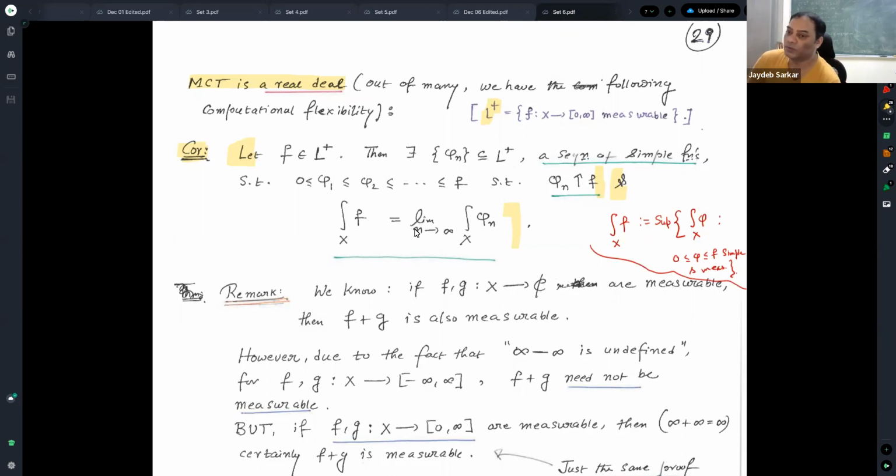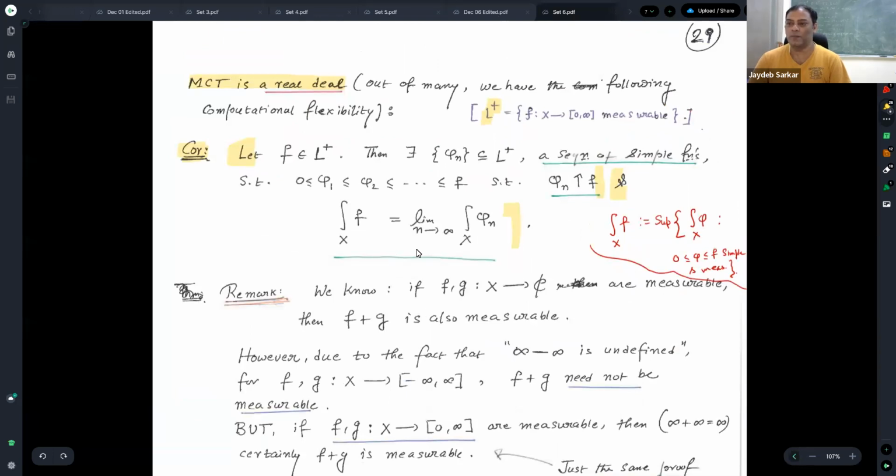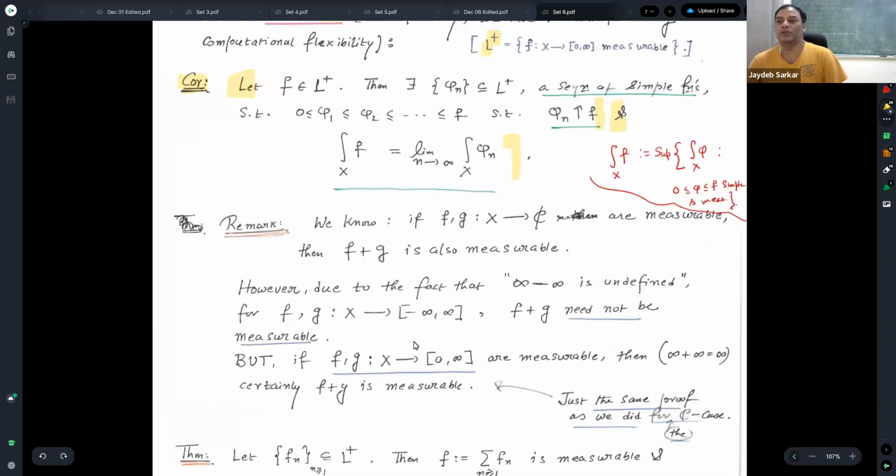This really gives you lots of flexibility from a computation point of view. And in mathematics, if you can't compute it, it's not useful, you know. So this really makes good sense. So any question on this corollary? And you are going to see this application again and again. All right. So if not, move to the remark.